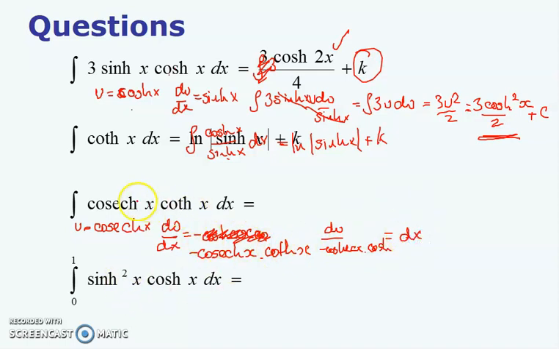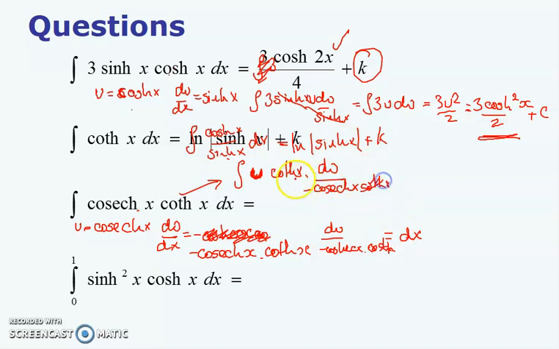And therefore I can come back to this, and I shall write it here now. It becomes the integral of cosech, which became u, let's write that properly, so that, then it says coth, but then it becomes dx, which I now know as du, divided by this thing, which is minus cosech coth x.